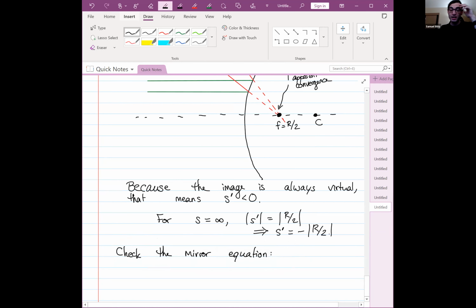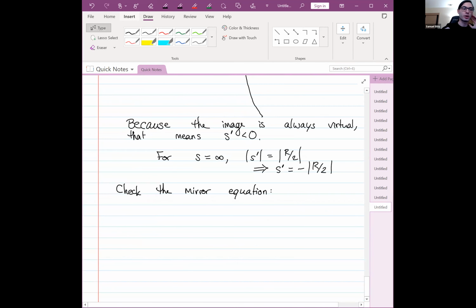Because S prime is negative, we don't know what R is, whether R is positive or negative or whatever, but we can just check now by plugging it in. So we plug into our mirror equation S prime, and we're going to figure out what R is. So we have 1 over S, which is 1 over infinity, plus 1 over negative magnitude of R over 2, which is S prime, should be equal to 2 divided by R. Now, 1 over infinity is 0.